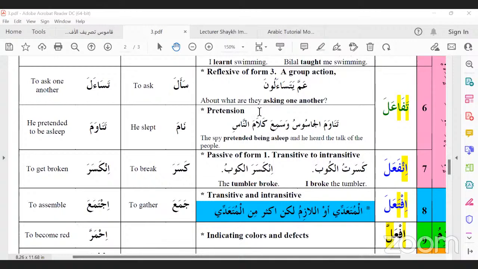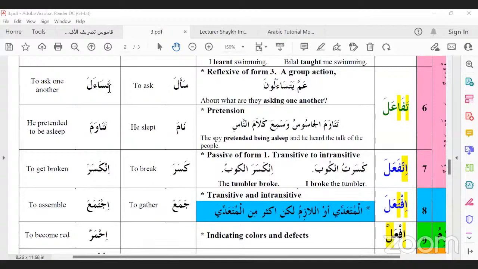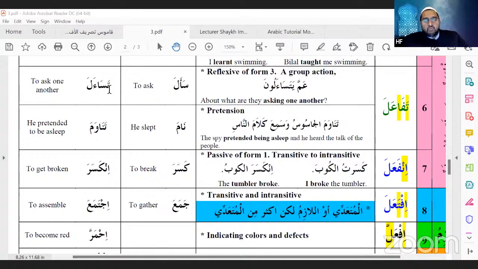Why is the ta being used? Is there any specific meaning addition? In amma yatasa'alun, if we use sa'ala in its plural form, sa'aluna, why specifically yatasa'aluna? The reason is that it conveys a subtle difference. Sa'ala means both are asking.